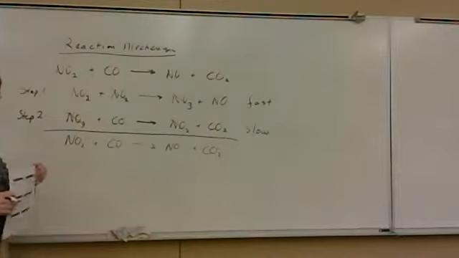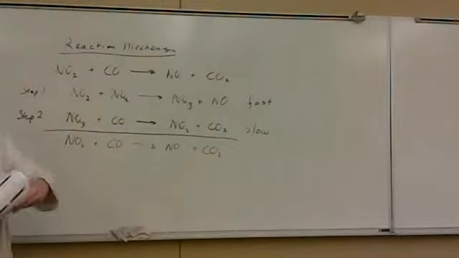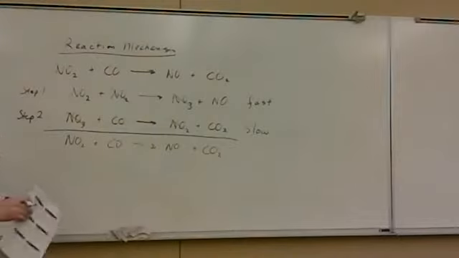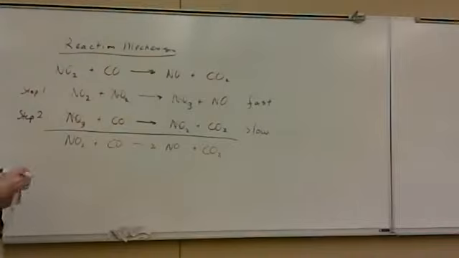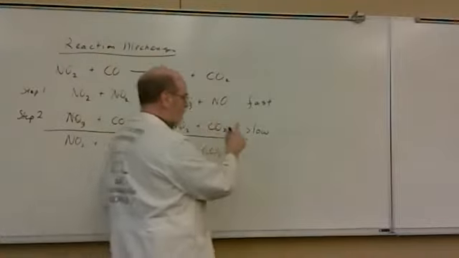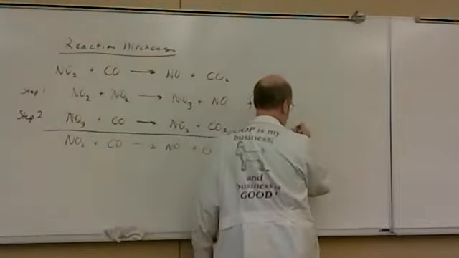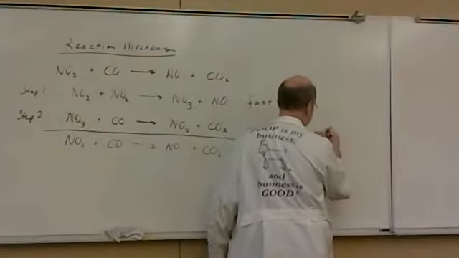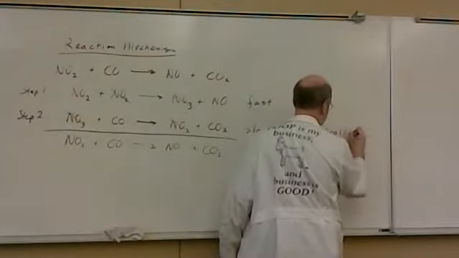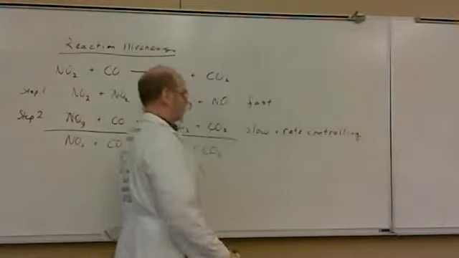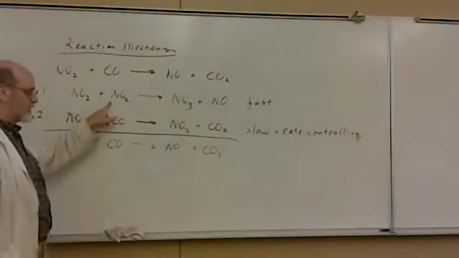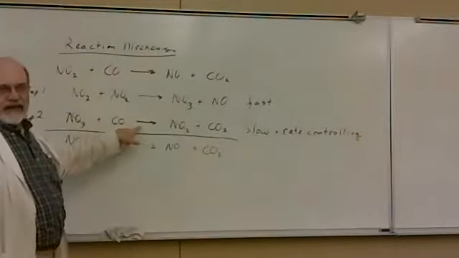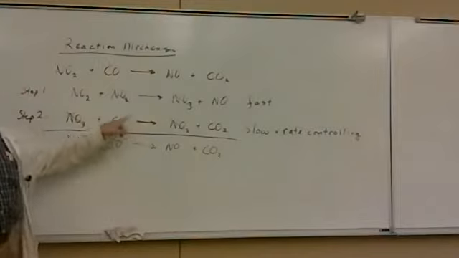Those reaction rates. Don't ask me how I know, but we have to bring in other experiments to tell us that. If we know that, that means this one is the rate controlling step. It doesn't matter how fast this one is. This is the bottleneck. That determines the overall rate.